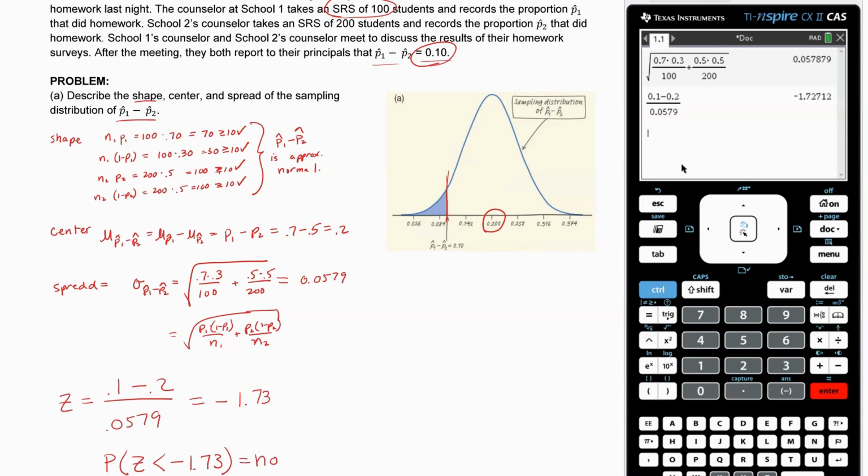What's the probability that a z value would be less than negative 1.73? Well, for that, we could use the normal CDF function on our calculator, and that would be negative infinity to negative 1.73, mean of 0, standard deviation of 1.